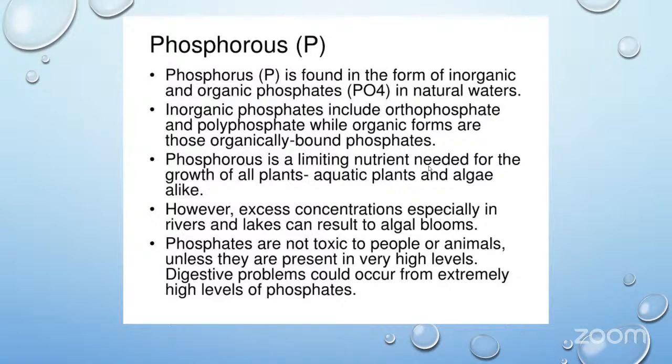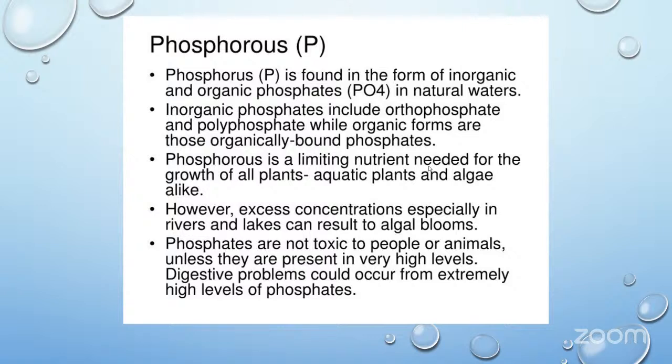Next, phosphorus. Phosphorus is found in the form of inorganic and organic phosphates, that is PO4, in natural waters. Inorganic phosphates include orthophosphate and polyphosphate, while organic forms are organically bound phosphates.